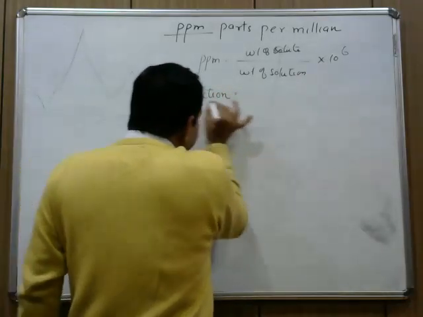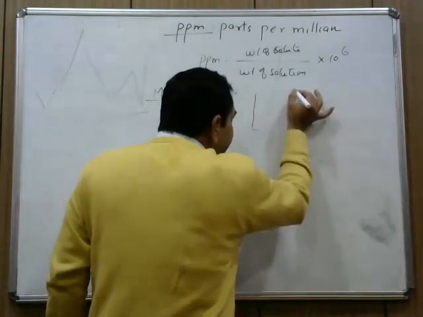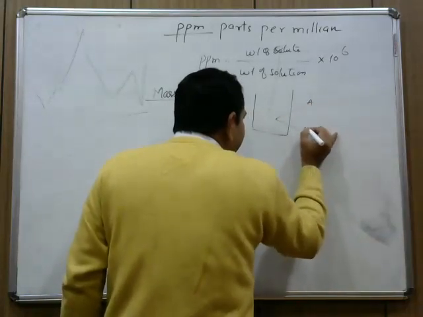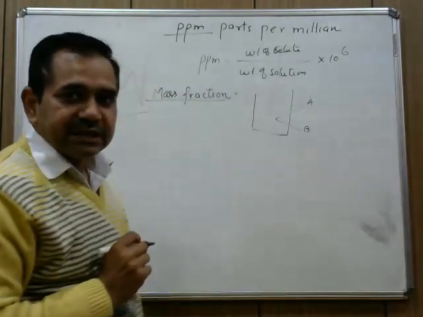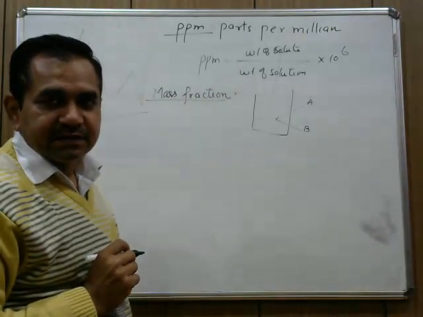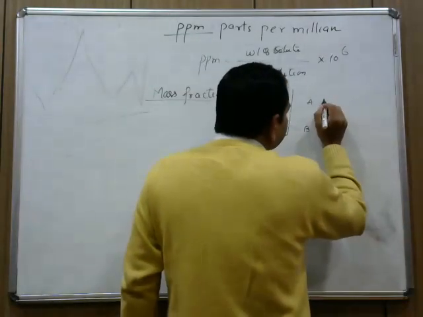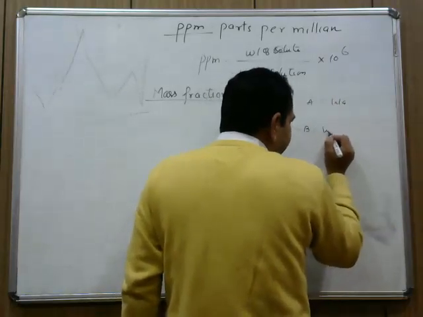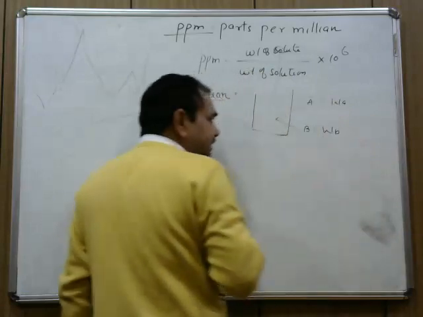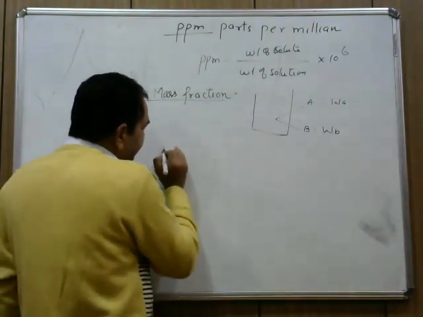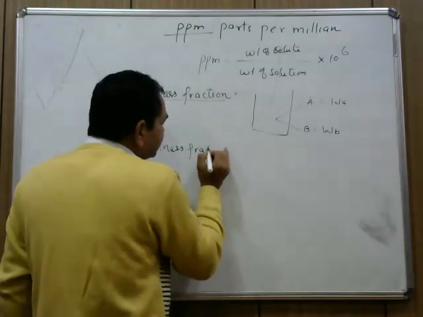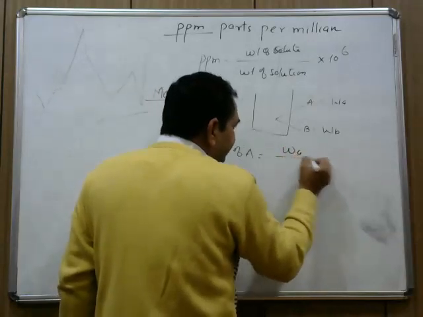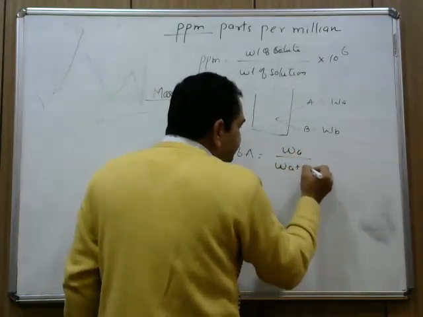To understand mass fraction, let us consider a solution made by mixing two components, A and B. Weight of A is represented by WA and weight of B is represented by WB. Then the mass fraction of A is given by WA divided by WA plus WB.